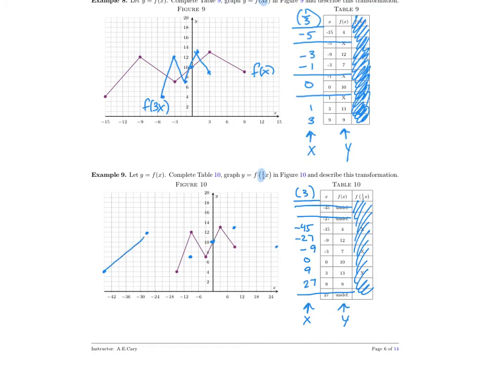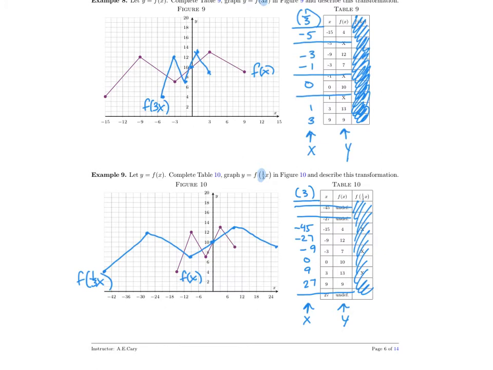Something like this. So here's our original f of x, and now this is what a horizontal stretch looks like. And there we are. Got a little shaky at the end. So we've gone through all of our stretches and all of our compressions.